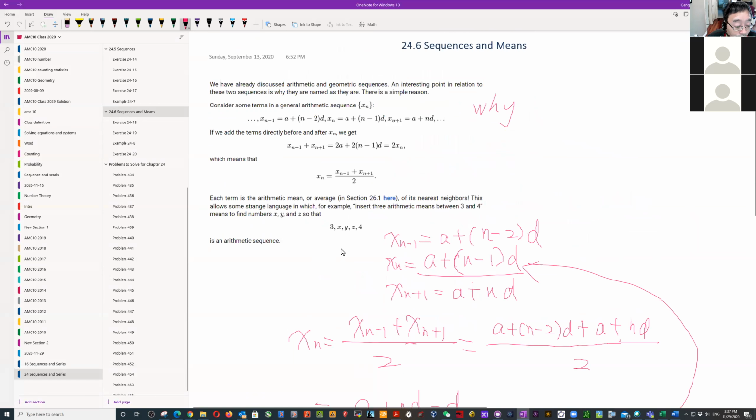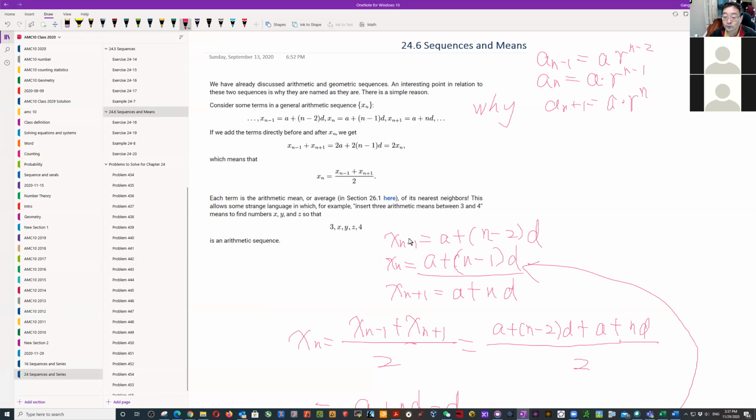And then in a geometric sequence, each term is the geometric average of adjacent terms. For example, an equals a multiplied by r to the n minus 1, and a(n minus 1) equals a times r to the n minus 2, and a(n plus 1) equals a multiplied by r to the n.